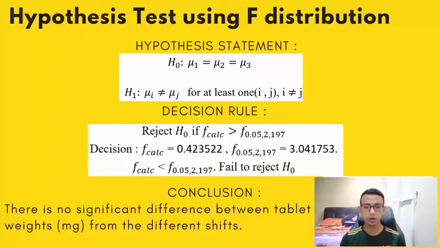Our F calculated or F test is 0.423522, and our F critical is 3.041753. Thus, our F test is less than F critical, and we fail to reject our H null. To conclude, there is no significant difference between tablet weight from the different shifts.